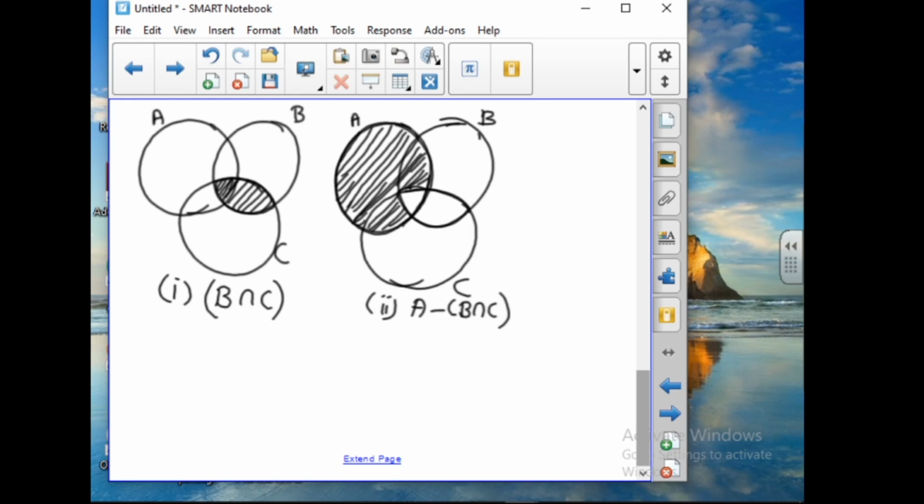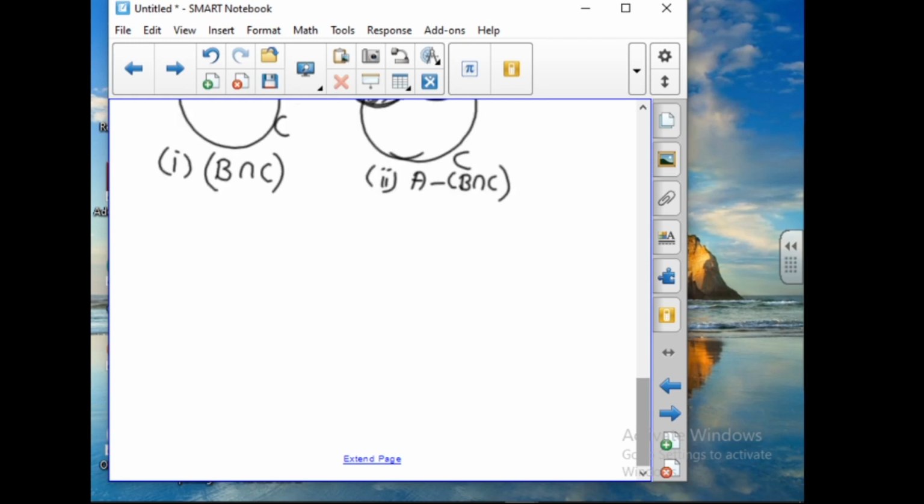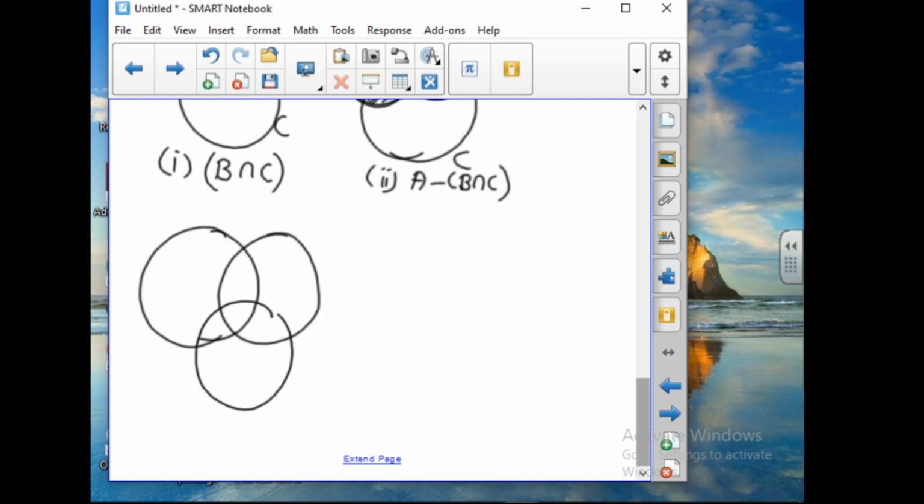Then next one. In RHS, what we have? A difference B union A difference C. So you have to find A difference B. A, B, C. We are going to find A difference B. That means in the A circle you have to eliminate the part of B. So except B you have to draw.